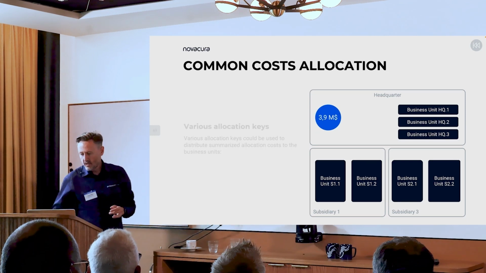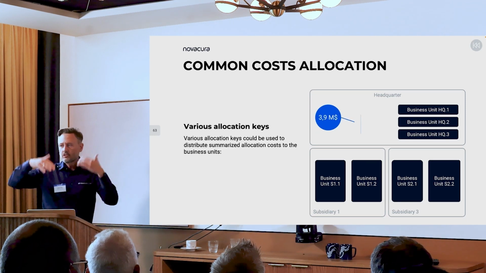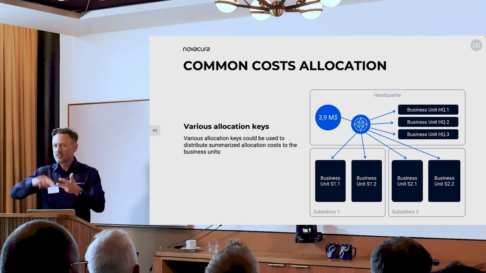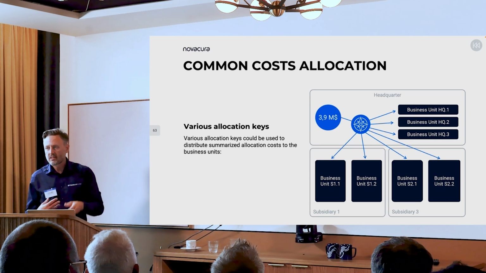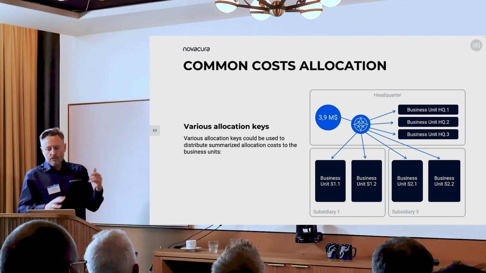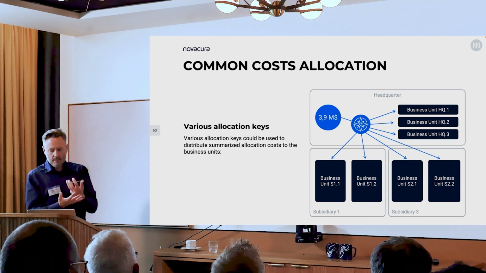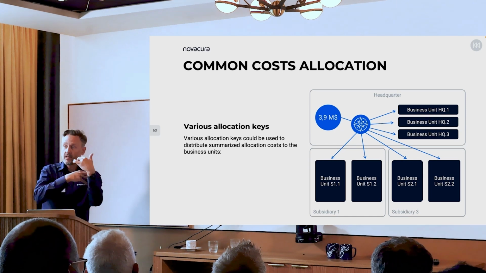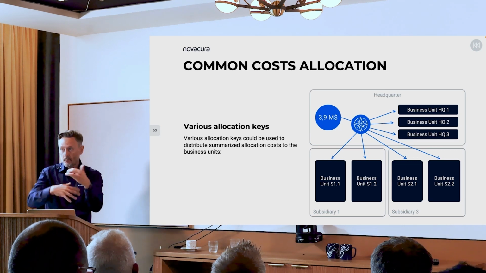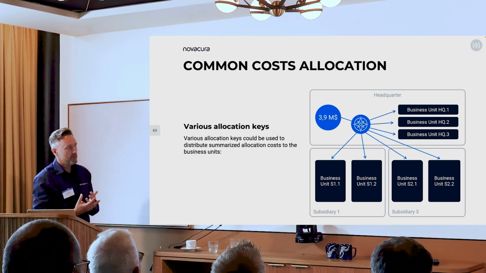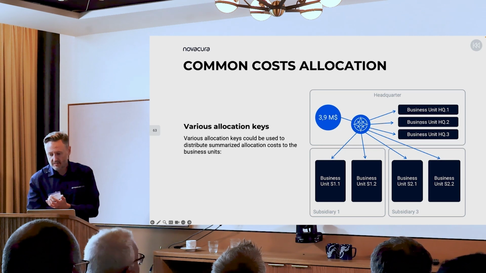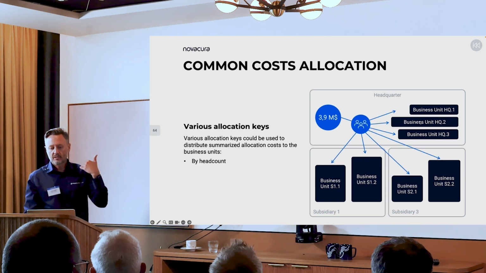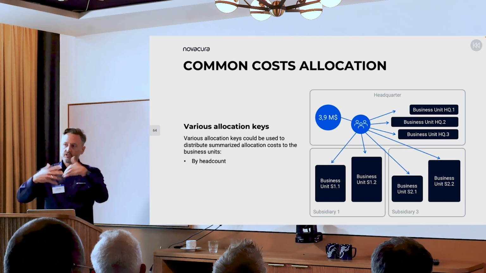So what do you do? You summarize all this cost, not only marketing, but IT, administration, HR, and all the supportive functions in your company. Then you use specific keys to distribute this cost to your subsidiary companies, if you have a whole group of companies, or just internal business units as here. You can use different keys to distribute the cost.